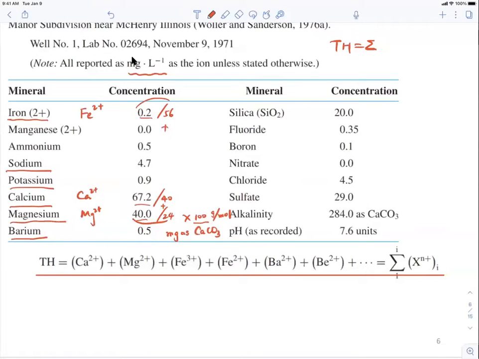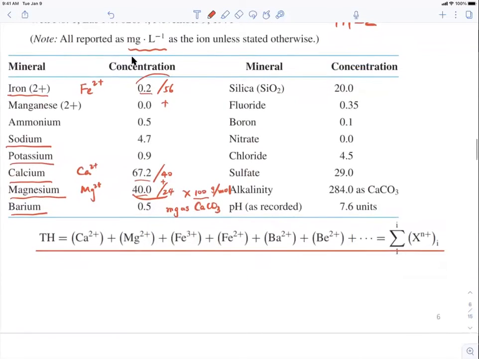So here I can just quickly give you the numbers: 67.2 divided by 40, multiplied by 100, plus 40 divided by 24, multiplied by 100, and then 0.2 divided by 56, multiplied by 100.